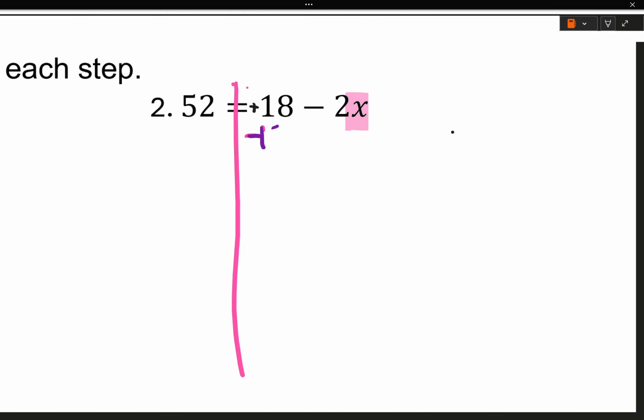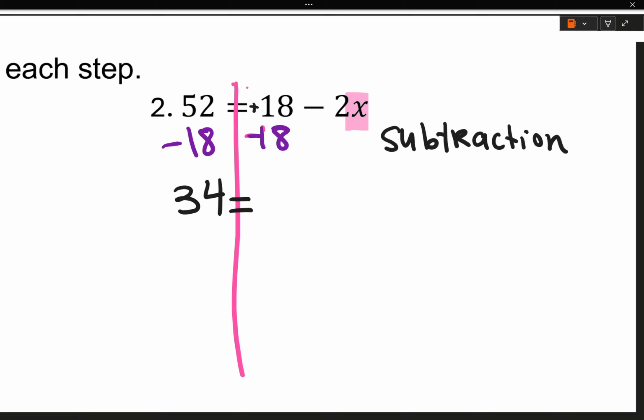By subtracting 18 from both sides. On the left-hand side, 52 minus 18 is 34. 18 minus 18 is 0. So we're just left with negative 2x.